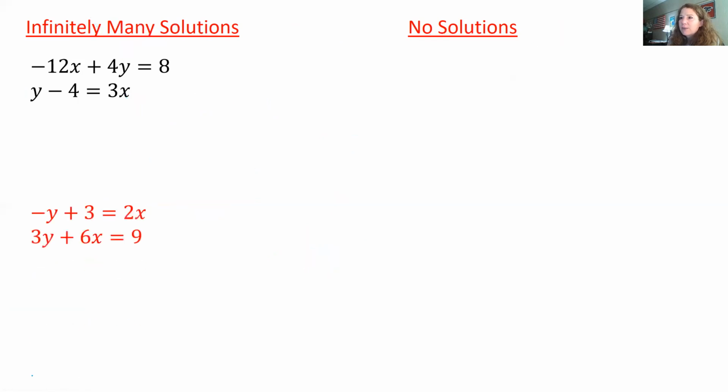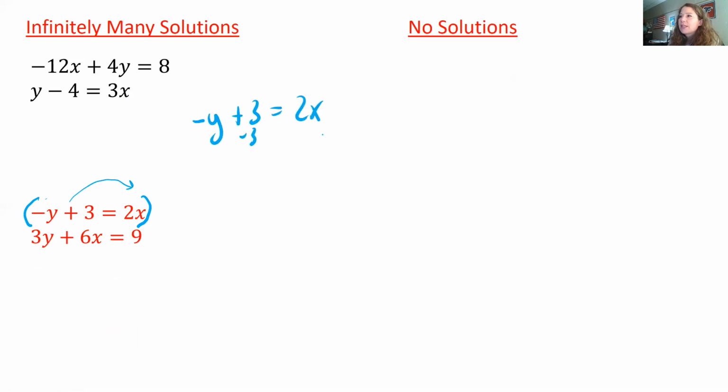All right, let's look at the next one. So once again, we're using substitution. So I'm going to find the most simple looking problem, which to me looks, the first one looks a little more simple than the second one. So I'm going to solve for y because I got to move the 3 to the other side. So -y plus 3 is equal to 2x.